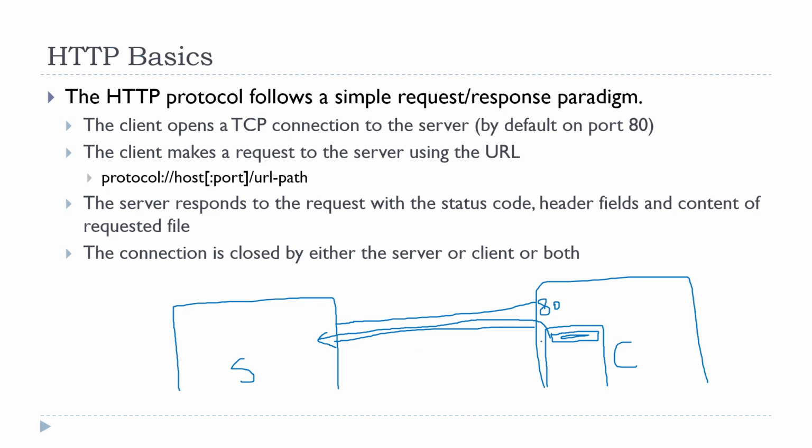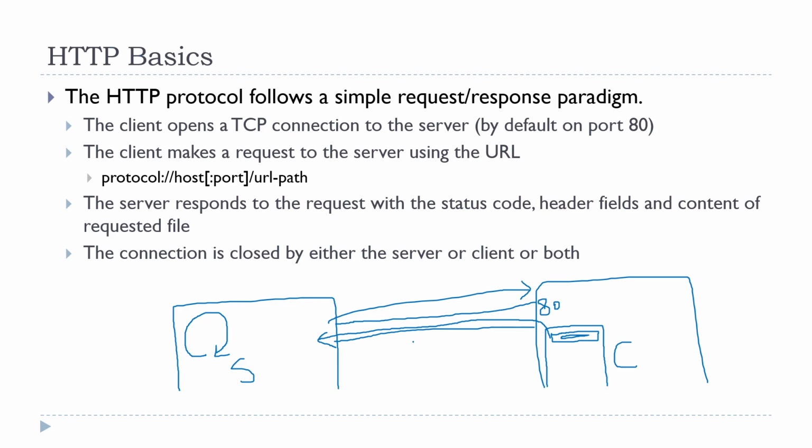So using this TCP connection, the request will be sent to the server, and the server will then process this query. Whatever result is required, it will do the processing and send back the response to the client. Usually the response is an HTML file, and HTML files can be rendered by the browser.